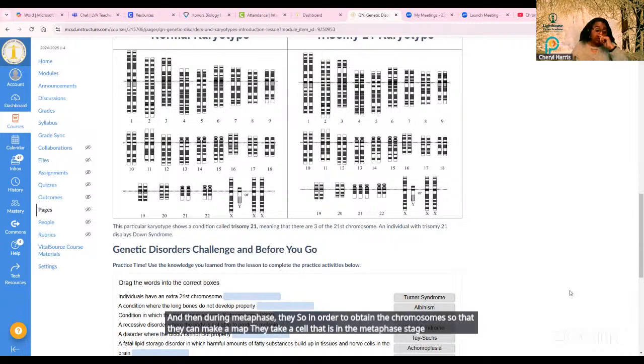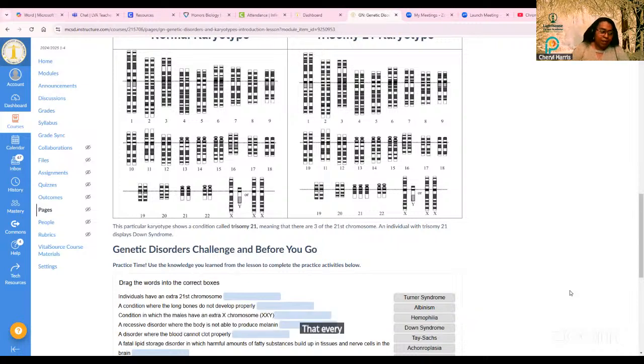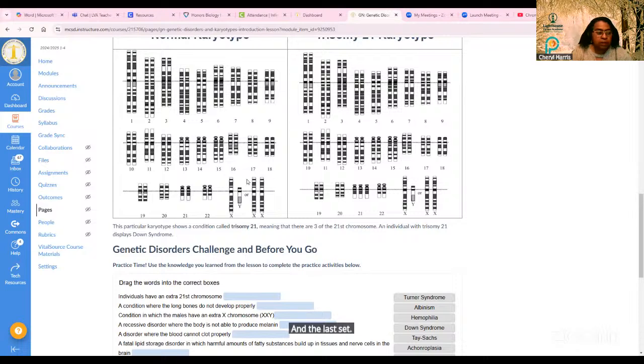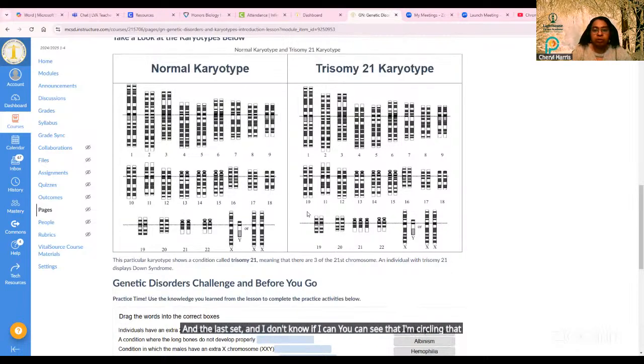The other thing you need to remember that she was talking about in the beginning is misconceptions: every cell in your body has 46 chromosomes, not just a particular cell. Every single cell in your body, for it to do what it's supposed to do, has 46 chromosomes. And the last set, I don't know if you can see that I'm circling it on the one that I'm showing here.